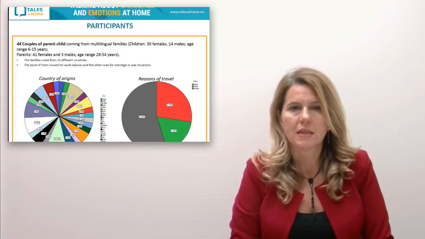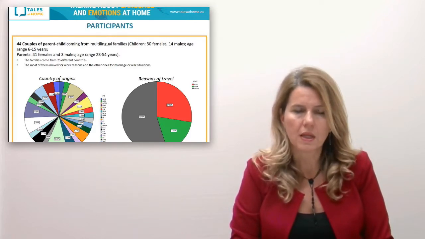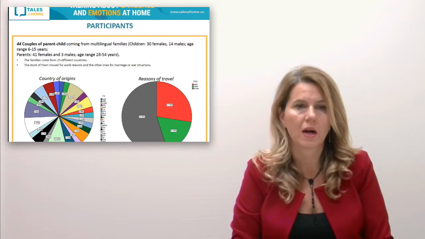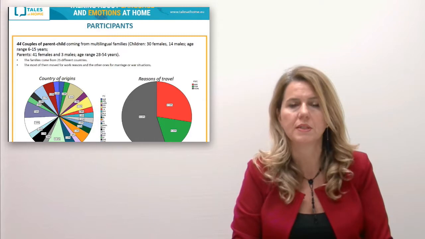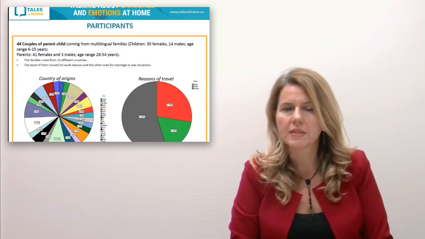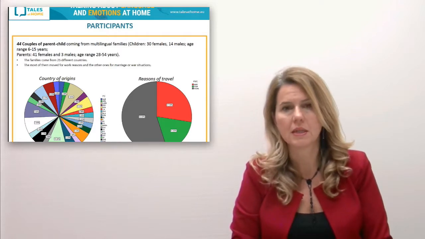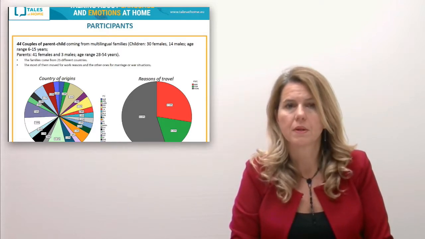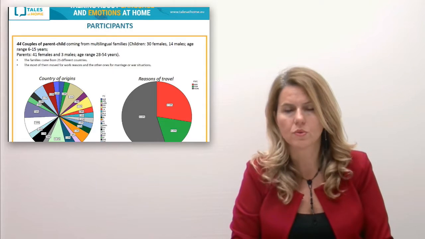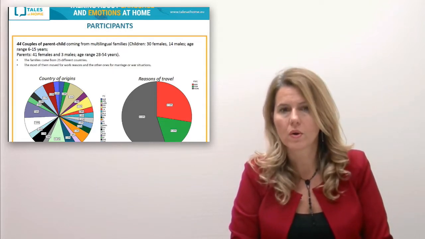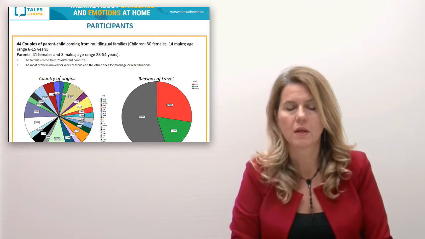So as you can see in the graphic, there are a lot of country origins, and another interesting information are the reasons of travel. As you can see, many people moved from one country to another for work reasons, the gray region of the graph.